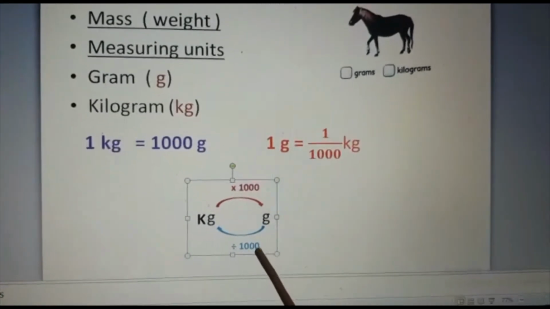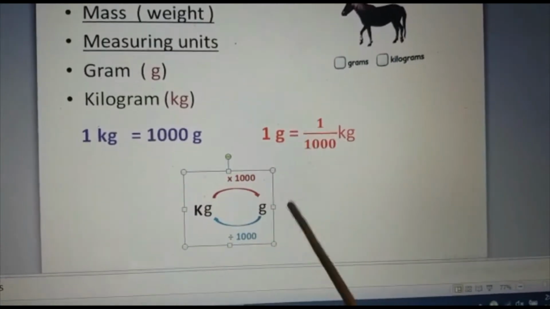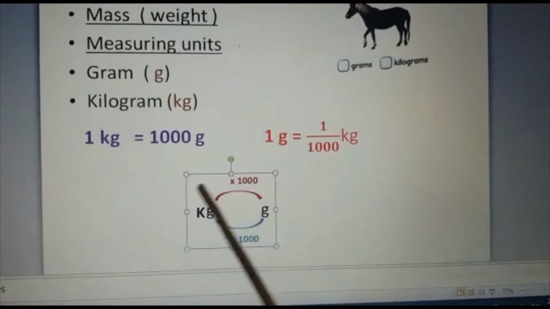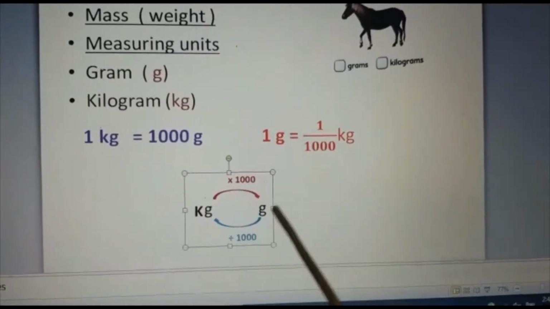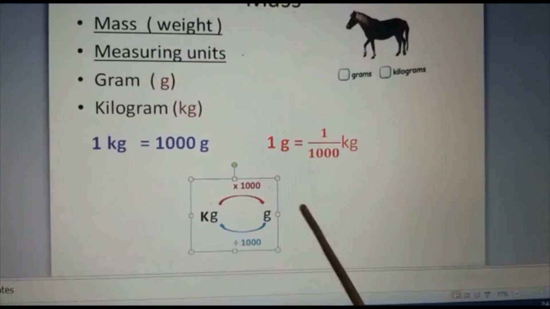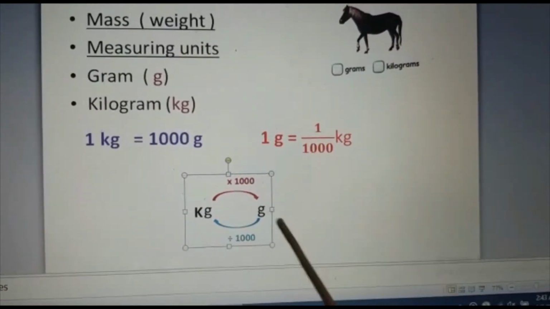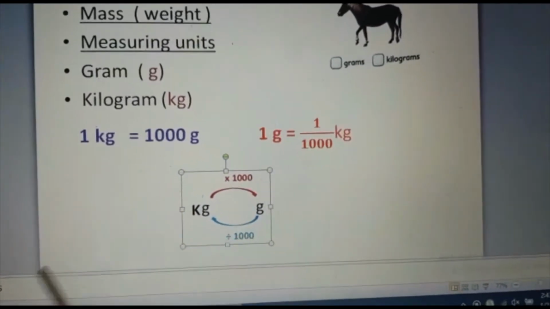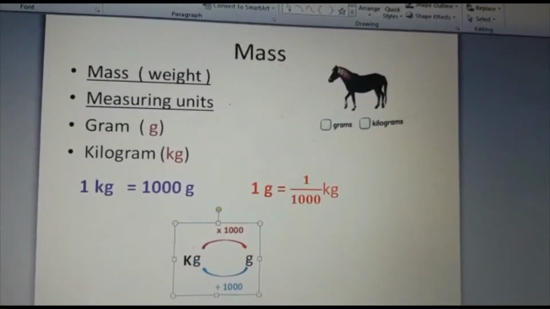Is it clear? 1 kilogram, how many grams? 1 multiplied by 1000, 1000 grams. 10 kilograms, 10 multiplied by 1000, that is 10,000 grams. Same like that, 10,000 grams, how many kilograms? 10,000 divided by 1000. We cancel the zeros and get 10 kilograms. Like this, okay?